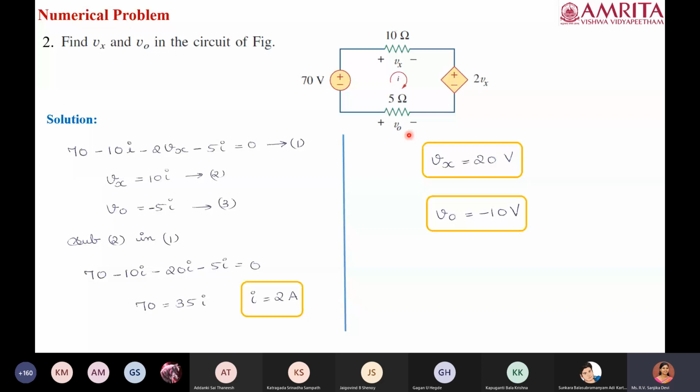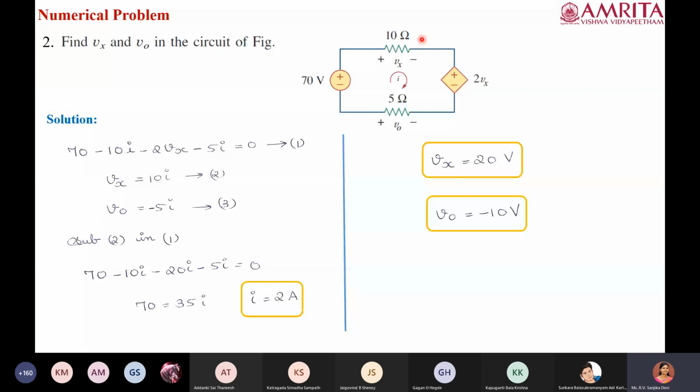But right now, the thing you have to keep in mind is that when you are applying KVL, if there is no current given, you can assume a current direction and always go in the direction of the current when you are writing the voltages across each of the elements. Okay. And whenever there is a passive element, there will always be a voltage drop across it.